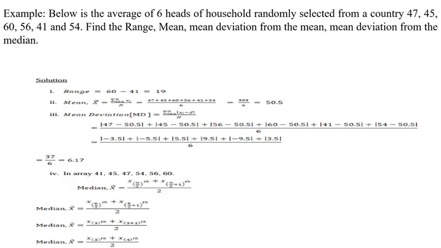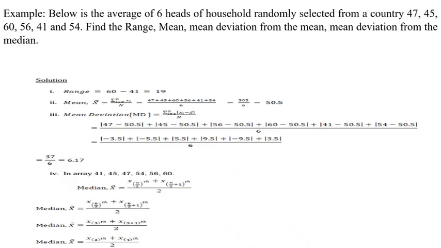But one thing I want you to take note of here is that the absolute value of any negative figure will give us a positive. That is, the absolute value of minus 3.5 is what? 3.5, plus the absolute value of minus 5.5 will give us 5.5. The absolute value of any positive number is that same number.